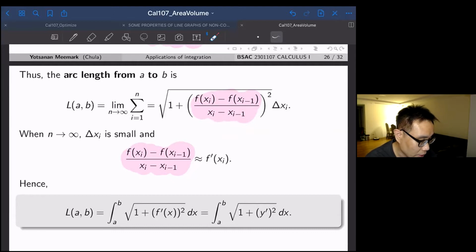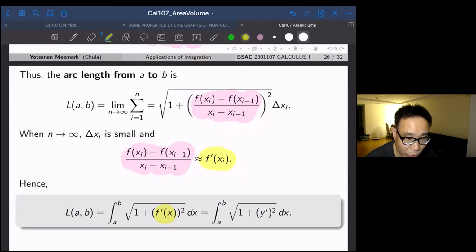So in this case, it's the limit as n goes to infinity of the sum from i equals 1 to n of the square root of 1 plus the quantity f of xi minus f of xi minus 1 over xi minus xi minus 1, squared. That turns out to be the slope, so you get the slope squared.